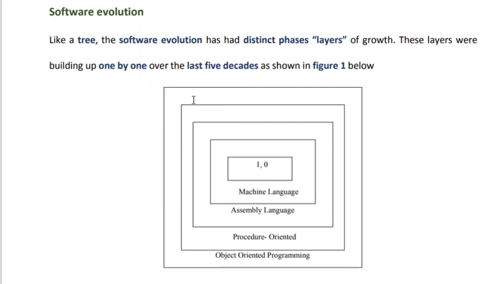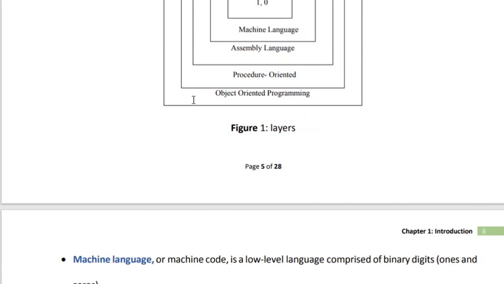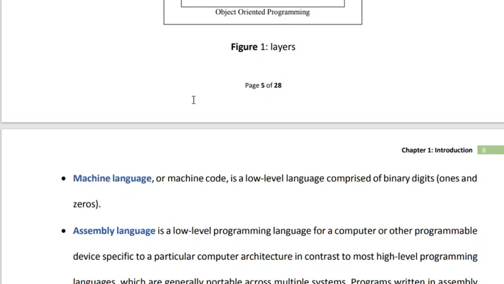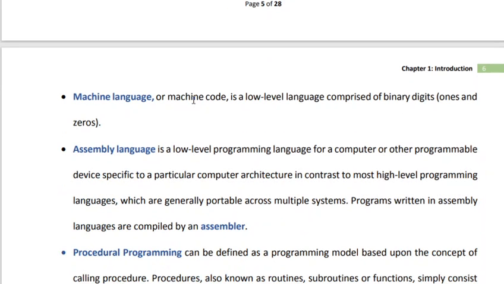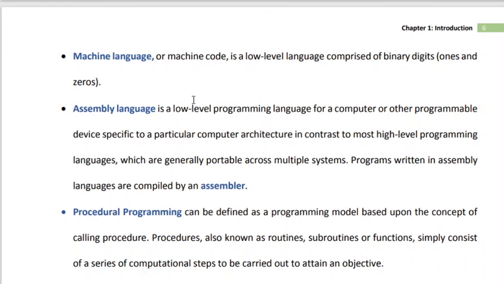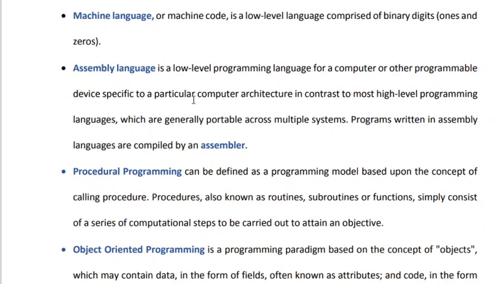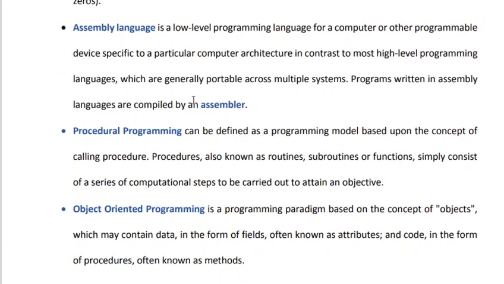We've learned about how the evolution has taken place in programming paradigm from machine language to assembly language to procedure-oriented language to object-oriented programming language. So we have learned some aspects about machine language, assembly language, procedure-oriented programming, and object-oriented programming.